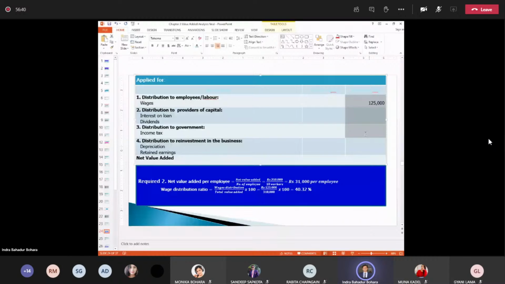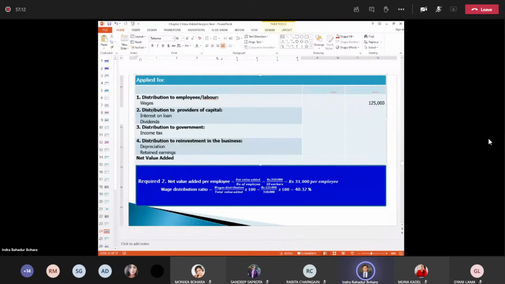Another is, write down 2, distribution to capital providers. Distribution to capital providers, and who provides the capital? Shareholders and banks and financial institutions. Loan providers, banks and loan providers are the capital providers for the company. So the loan provider gets the interest and the shareholder gets the dividend.